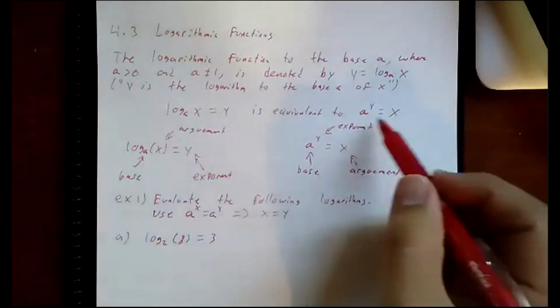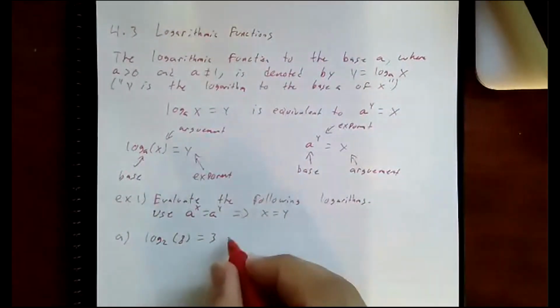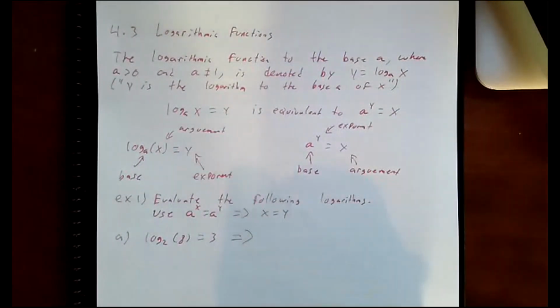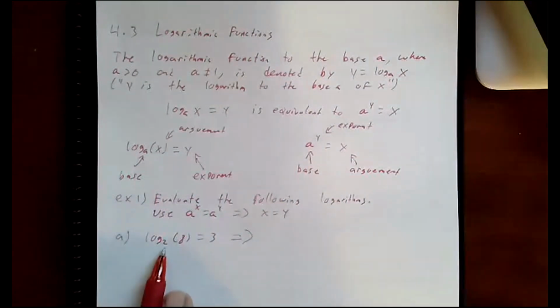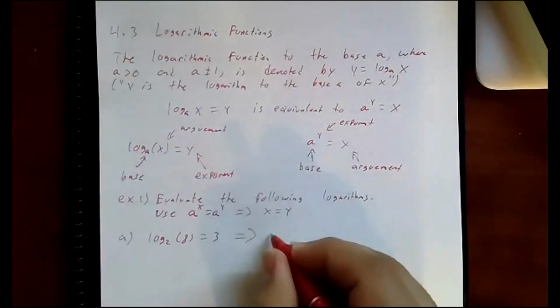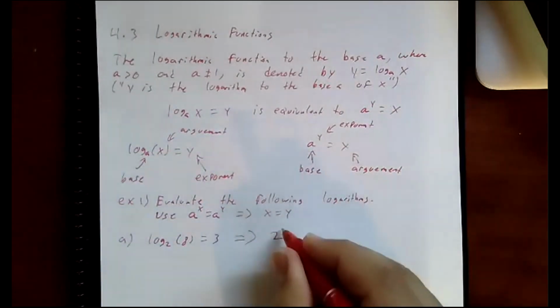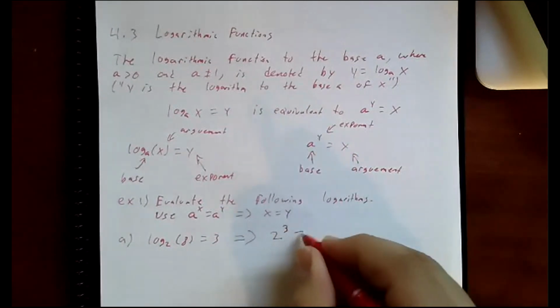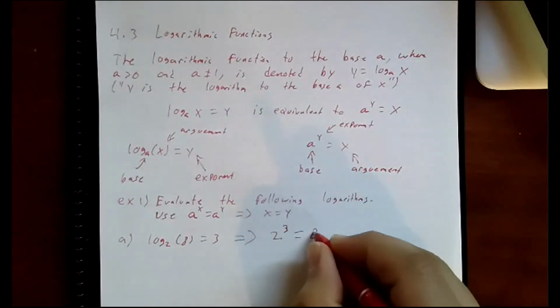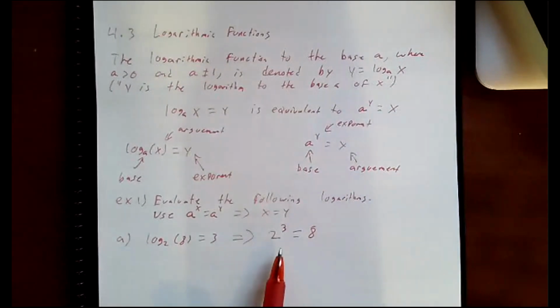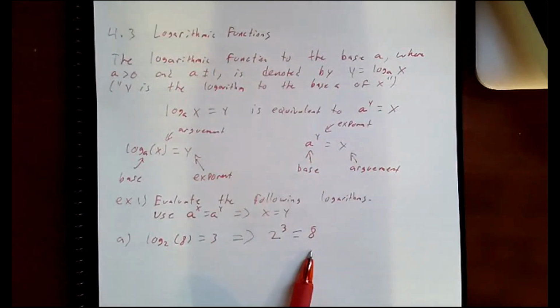So you can use the definition here to rewrite it. So 2 is the a, 3 is the y, and that is equal to the x, right? So we know that 2 cubed is equal to 8. That is what this is saying, basically, but in logarithmic form.